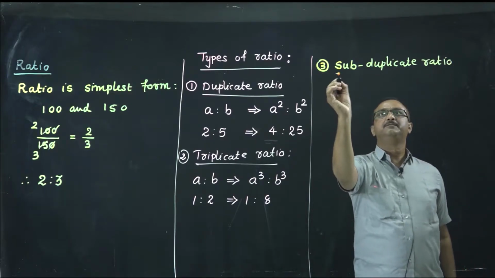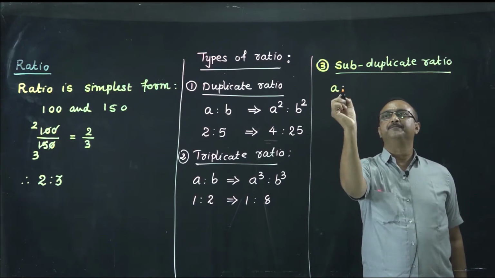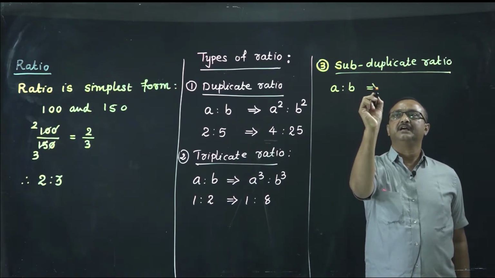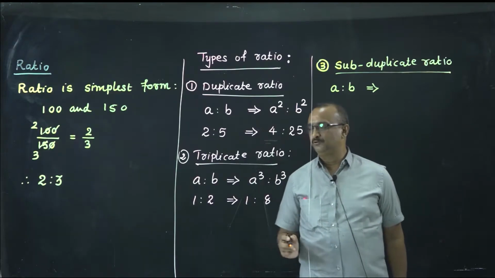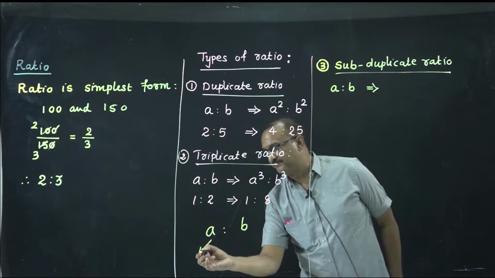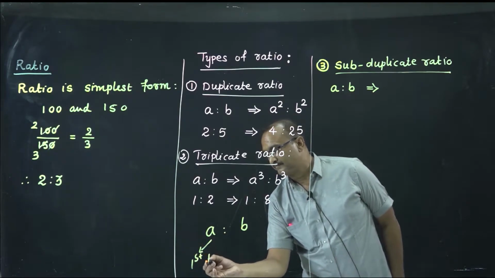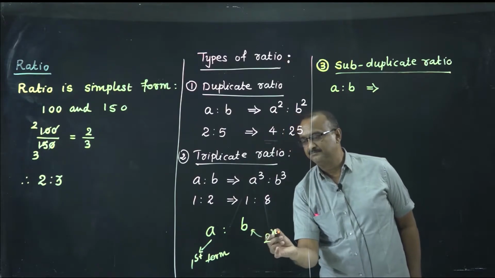Subduplicate ratio. If A and B are two terms, and see one more thing, if we are taking two terms as A is to B, this is called the first term and this is called the second term.